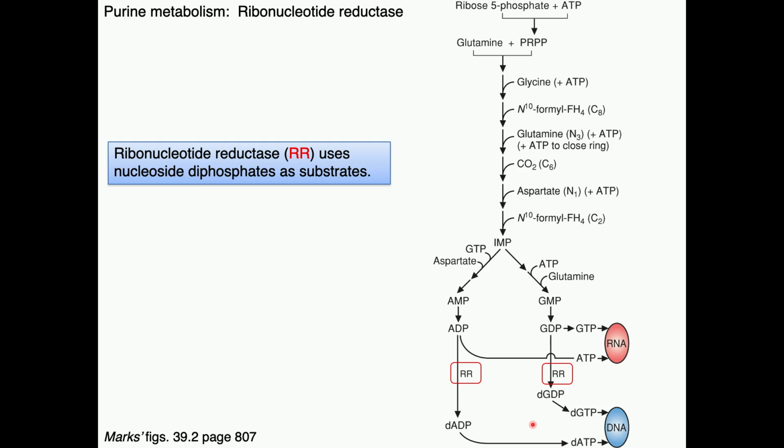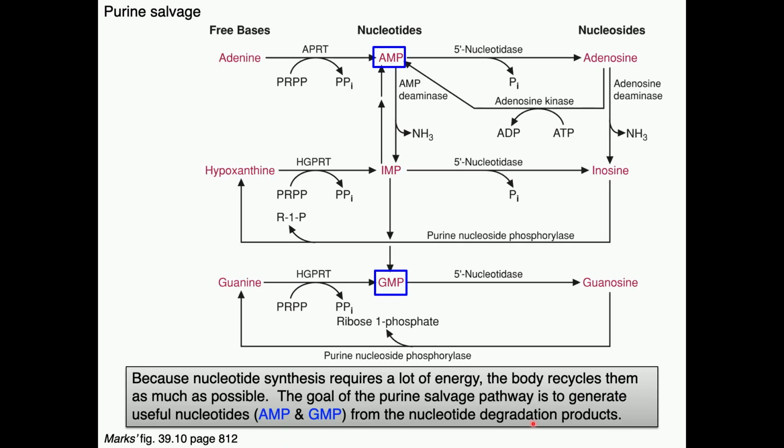The body tries to recover and recycle the constituent parts of nucleotides as much as possible. And the purine salvage pathway is one of the major pathways of recycling different bits of nucleotides. And this is also a pathway that has a number of inborn errors of metabolism in it.